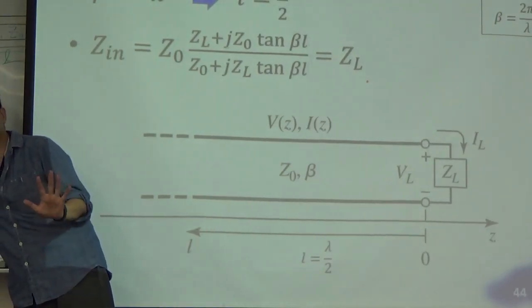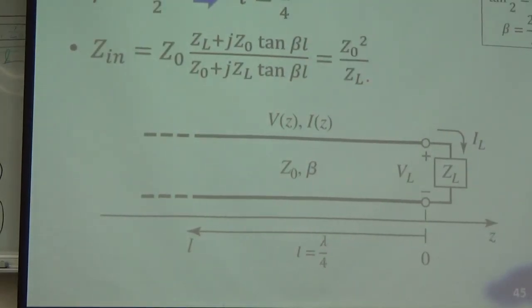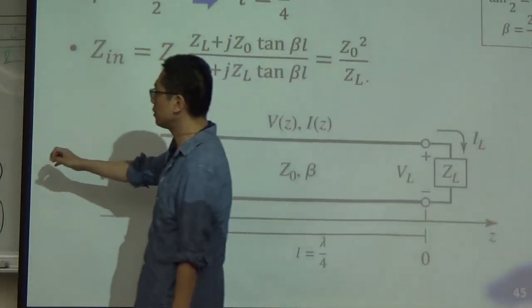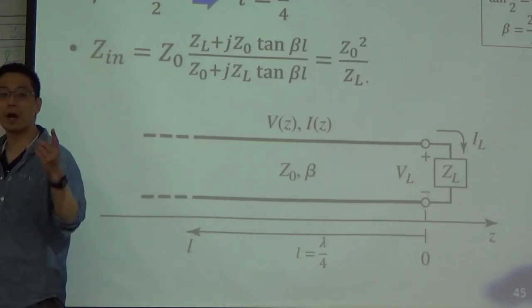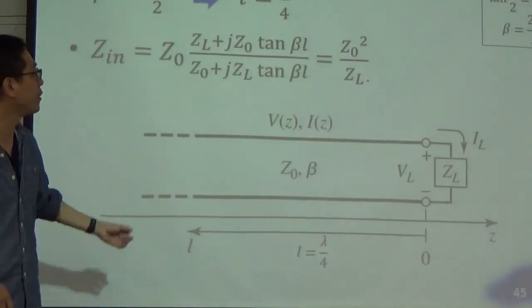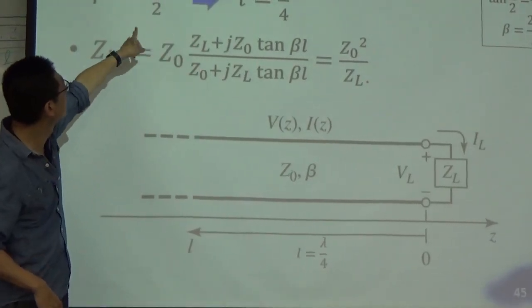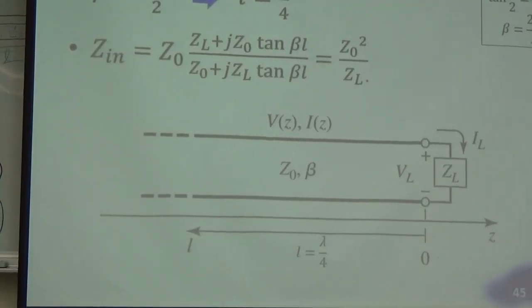Okay, the fifth case. And case 4, or case D, is a quarter wave transmission line. Quarter means 1 over 4, 0.25. Okay, quarter wavelength transmission line, lambda over 4. And you get an infinite number for tangent beta L. It is infinite.